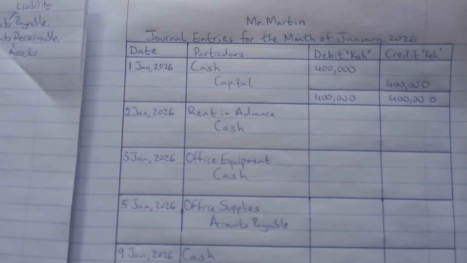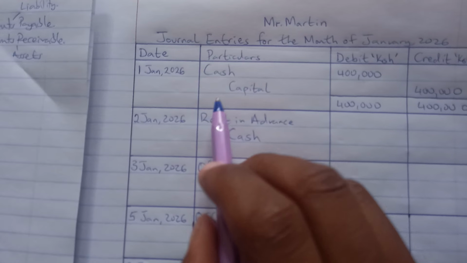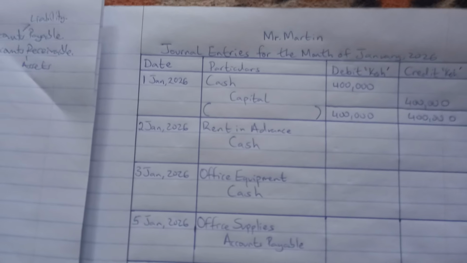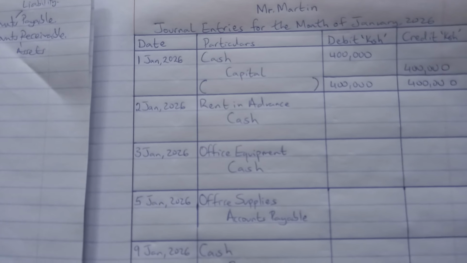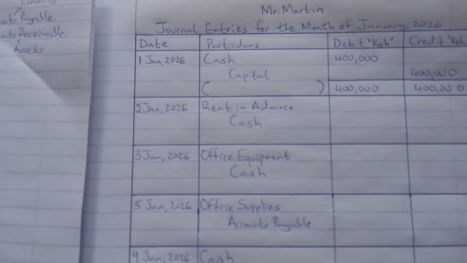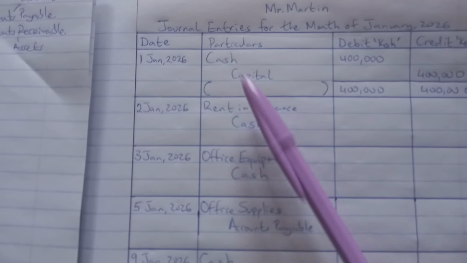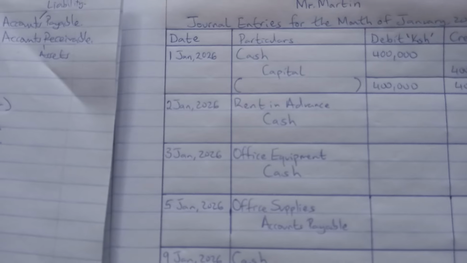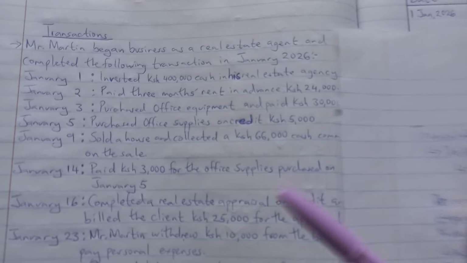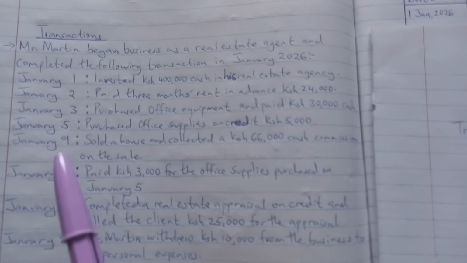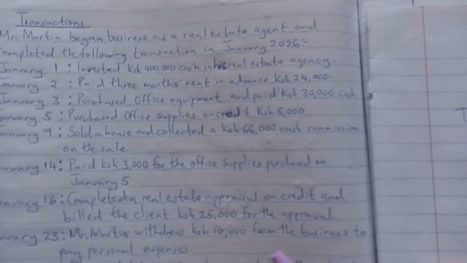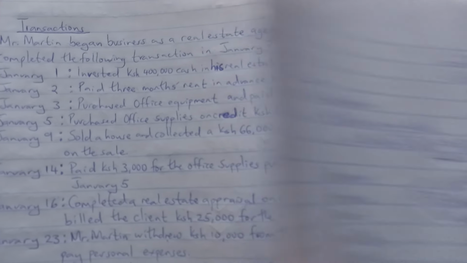So another thing that I would like to say is that in this space, we normally include something which we call narration. Narration is where you narrate what this means. And the narration, you just take it from the question itself. For instance, the question says invested 400,000 cash in his real estate agency.